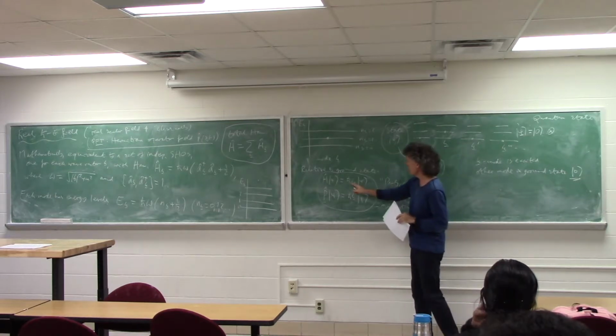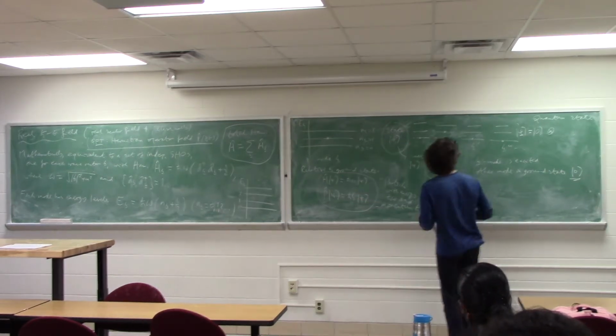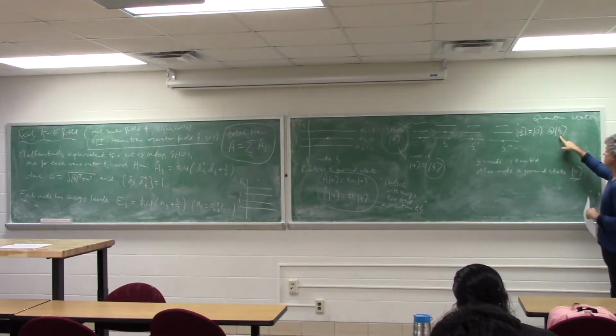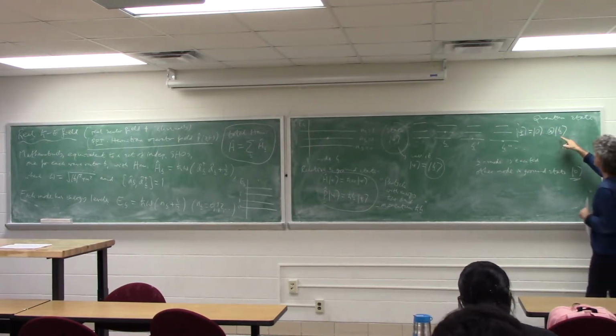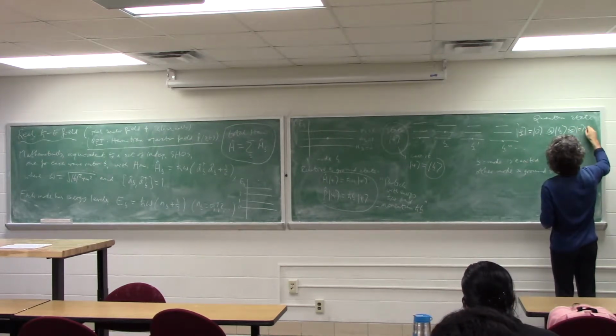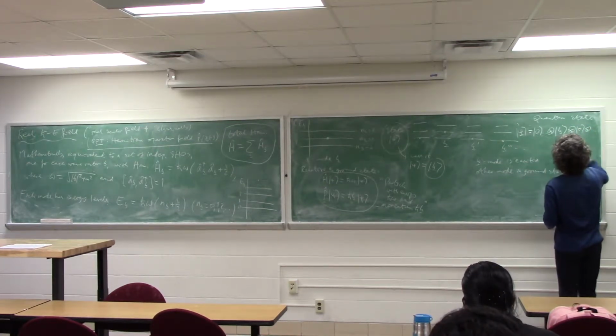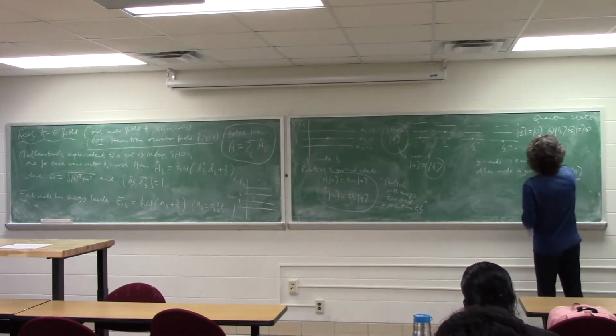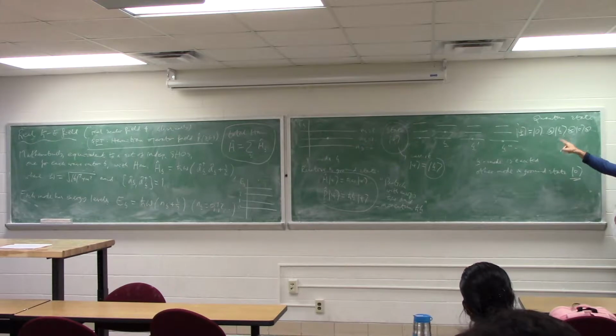It has energy h bar omega, momentum h bar k. We'll just write that like this, K. And then all the other modes are in the ground state. Now conventionally, people get tired of writing 0, 0, 0.